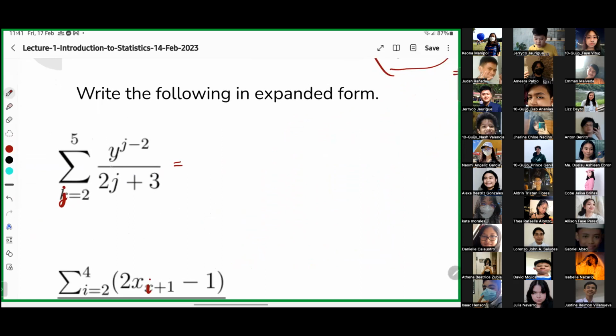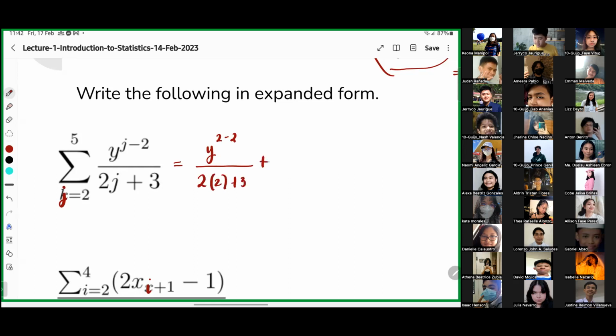Yung y, wala tayong value ng y, no? So, ang nagbabago ay yung j. So, we will begin with y. J natin is 2. So, that's 2 minus 2 over 2, J natin is 2 again, plus 3.